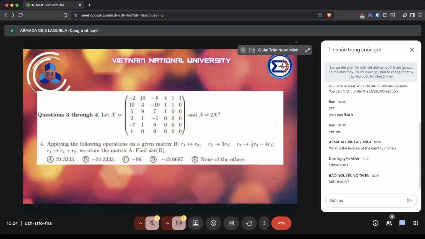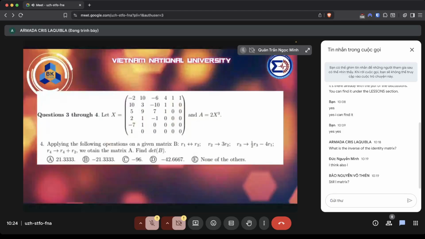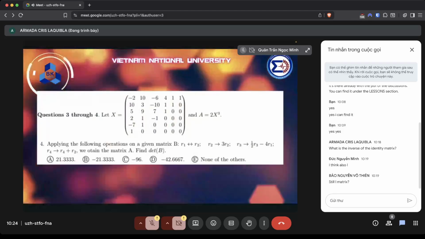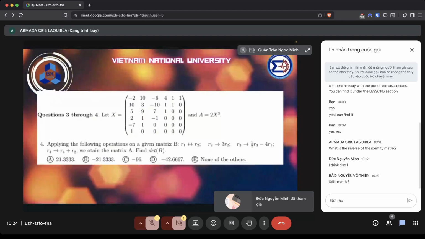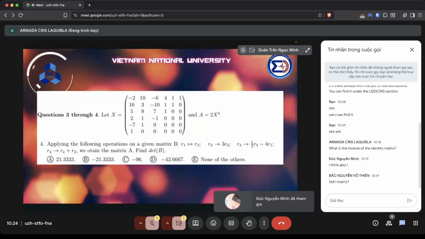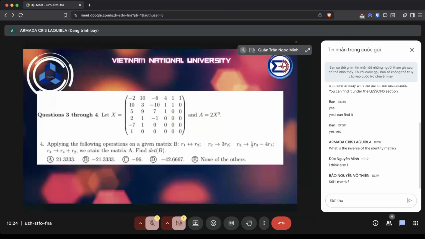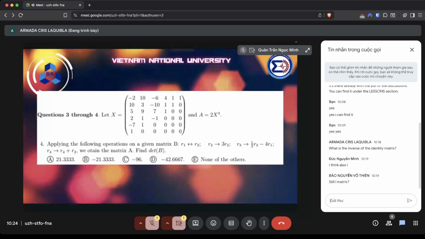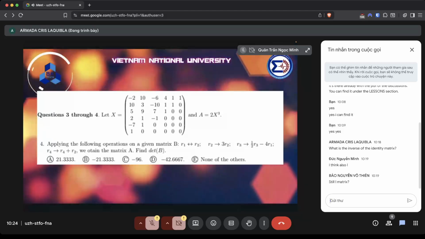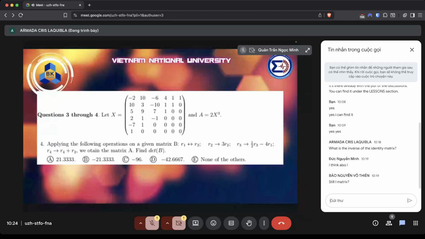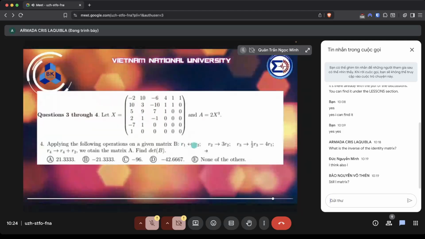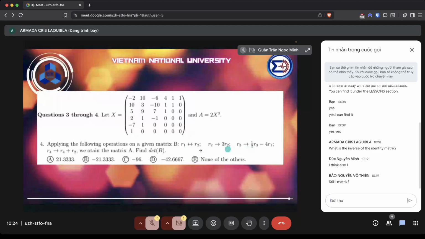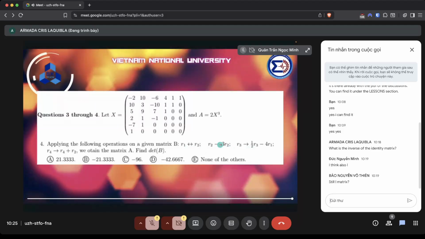Applying the following row operations in a given B matrix. So class, you have to apply it on the B. We obtain the matrix A. So it means that the matrix A is equal to the matrix B, then you apply the changes here in your matrix B. Okay?